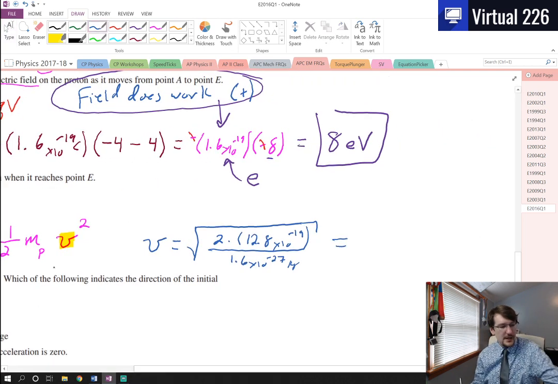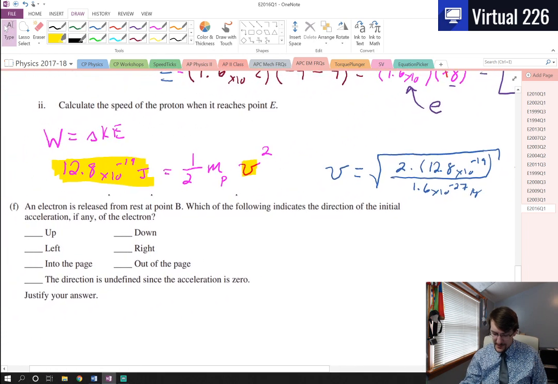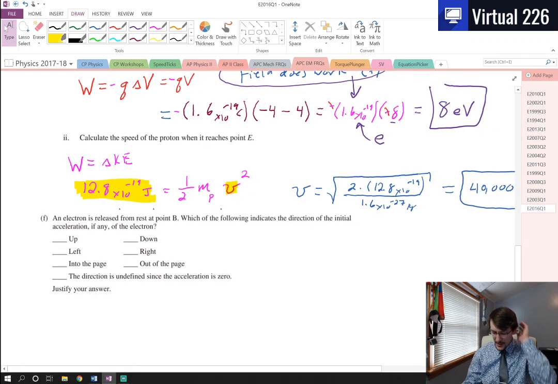And you crush that through on your calculator. 2 times the quantity 12.8 times 10 to the minus 19, divided by 1.6 times 10 to the minus 27, square root. Got something about 40,000. At least that's what I got, just using the 1.6. I bet if you use the 1.67 for the mass, you'd probably get something a little bit less, but I just used 1.6, so I got 40,000 meters per second. Which, boom, we're done with that one.